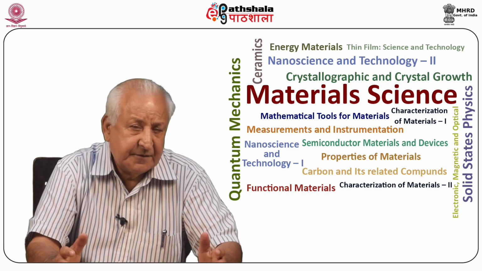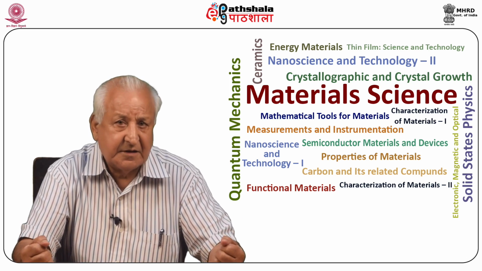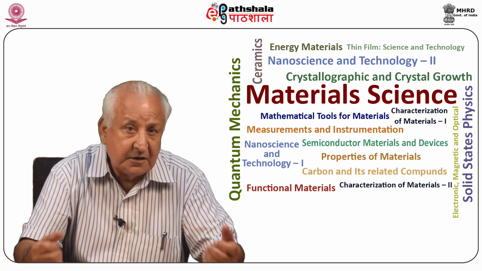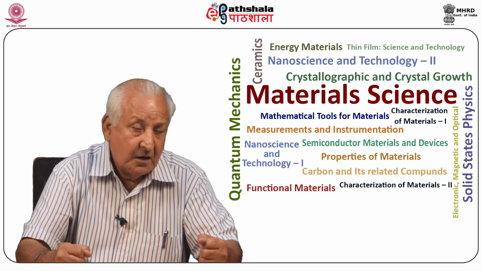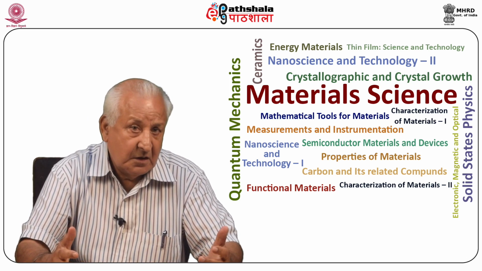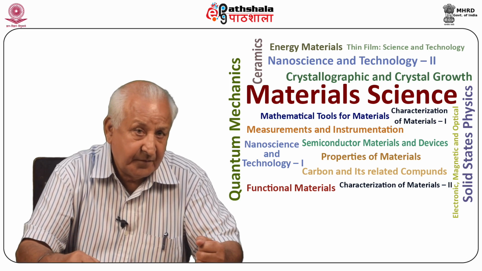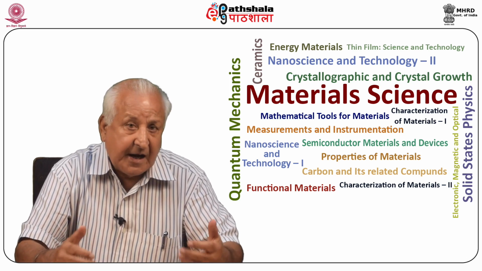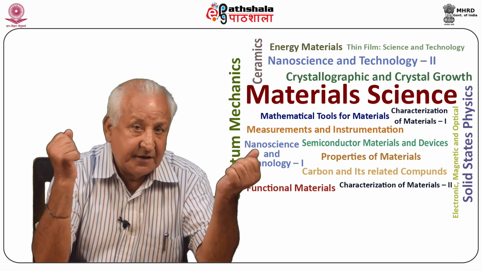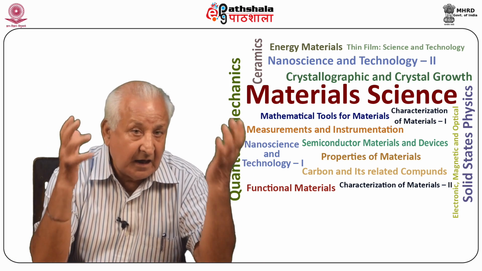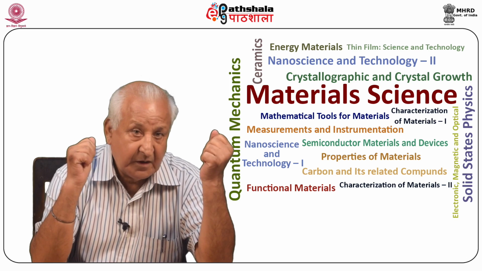So, students, let us summarize what we have learned in this module. We have learned about defects in crystals. Various types of defects in solids and their classification have been given.